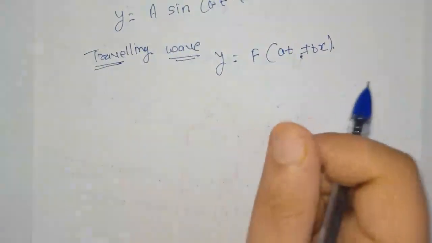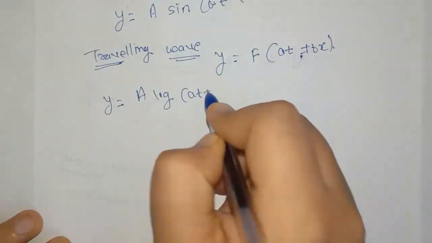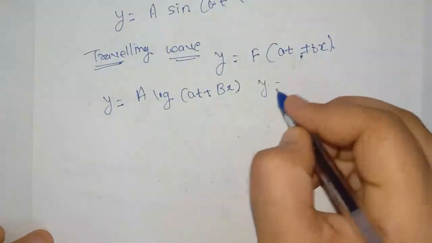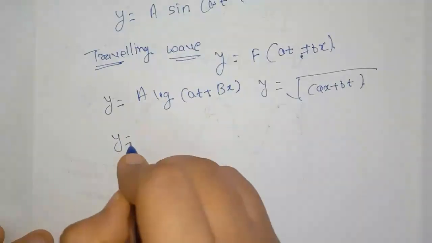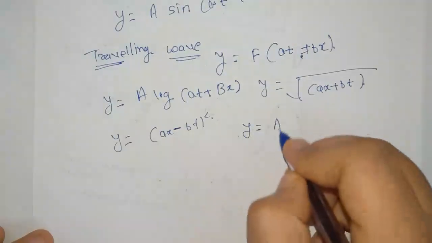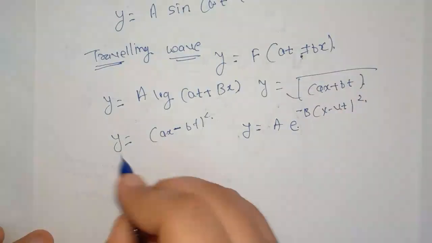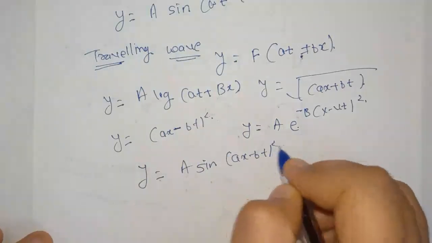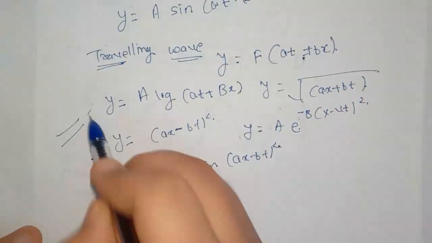Let us see some examples. y equals a log of at plus bx. y equals under root ax plus bt. y equals (ax minus bt) whole square. y equals a e power minus (bx minus bt) whole square. y equals a sine of (ax minus bt) whole square, etc. They do represent a traveling wave.